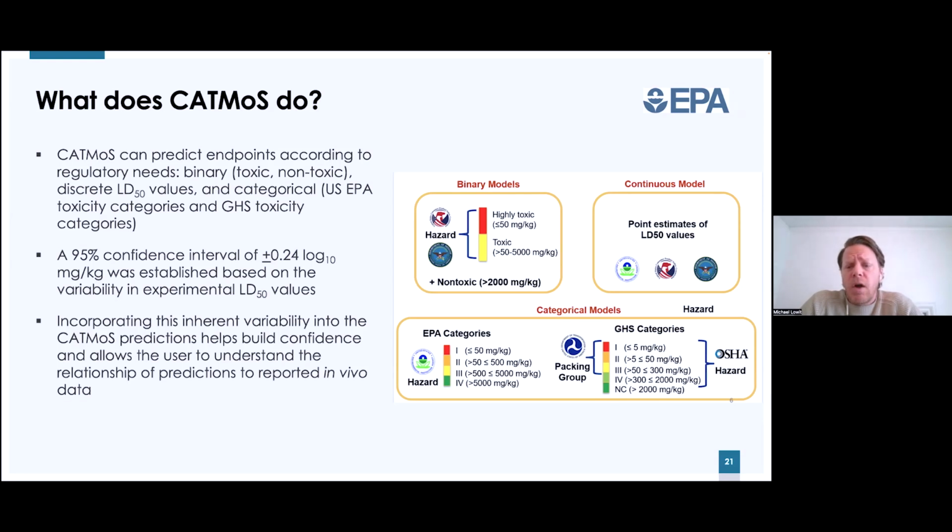In other words, for our purposes, CAPMOS can predict rat acute oral toxicity endpoints relevant to EPA regulatory needs. That is both the discrete LD50 values and the US EPA toxicity categories 1 to 4.